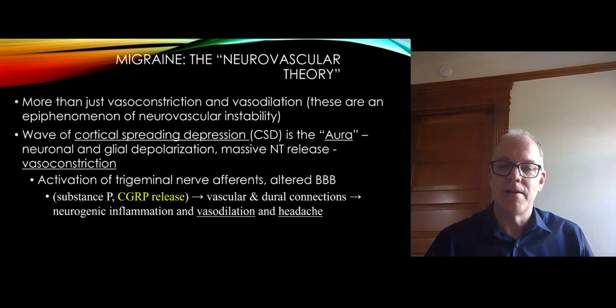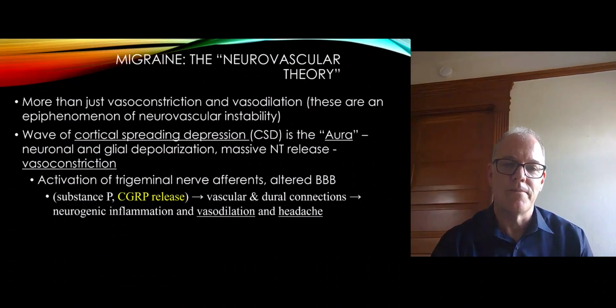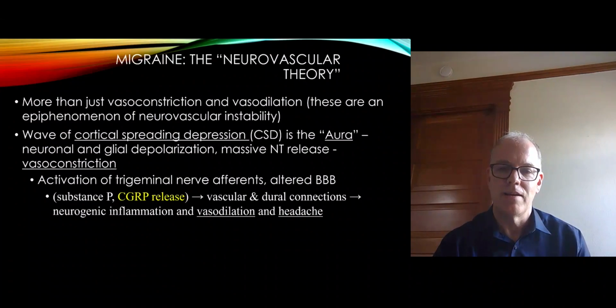During that time, there are massive neurochemical changes that happen in the brain, and there's vasoconstriction of blood vessels, and this is when patients have their aura. Okay, so their visual change, or there are many other auras. In the next year, I'll show you a video of a reporter who was giving a news report, and she suddenly can't talk, and that was her aura.